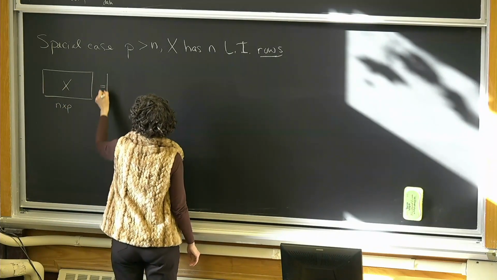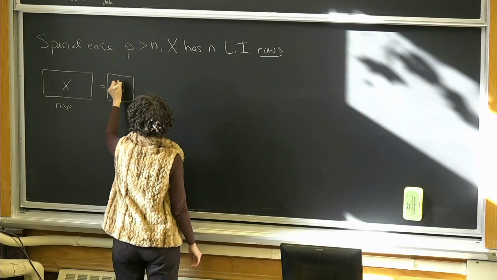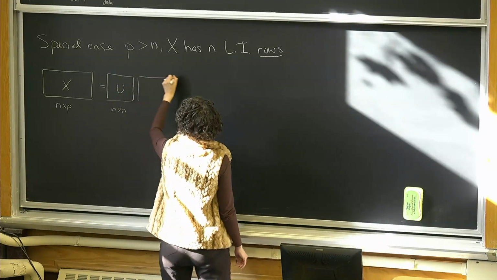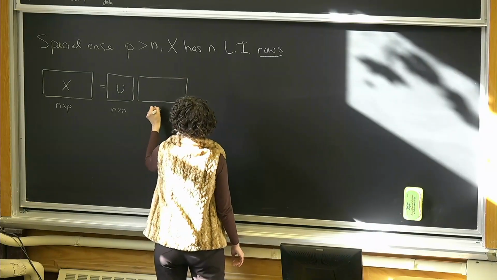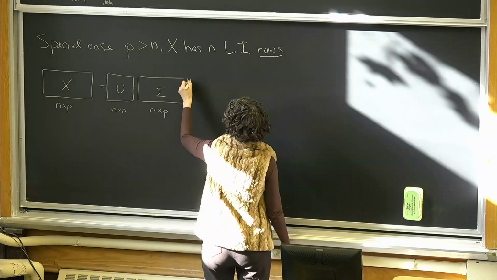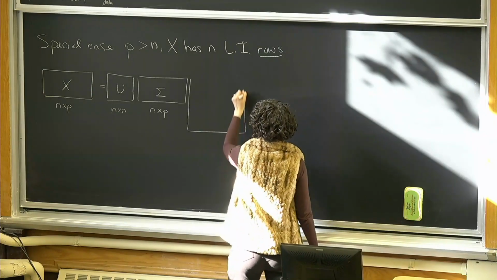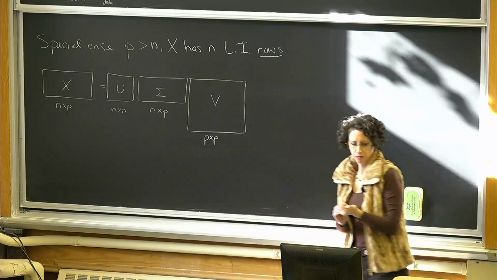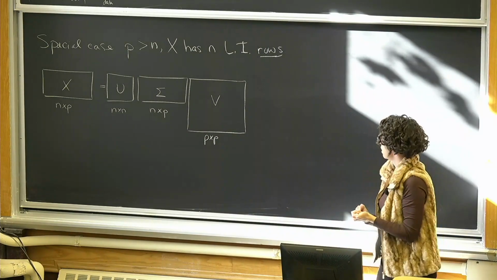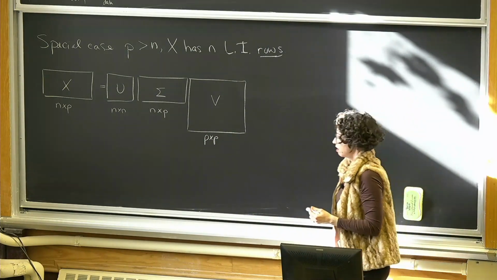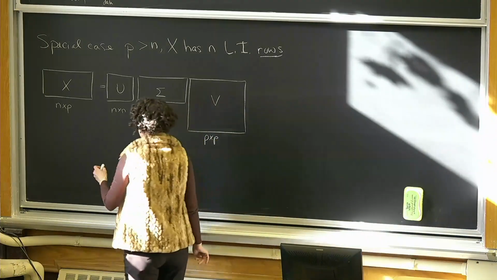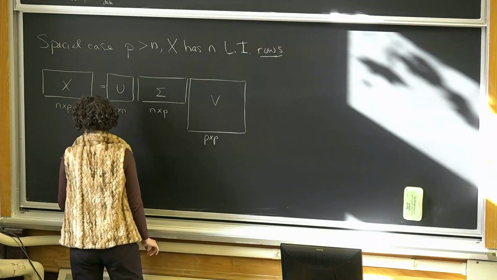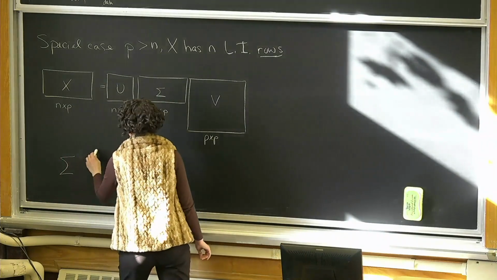And if we think about its singular value decomposition, U is N by N, and sigma is N by P, and V is going to be P by P. And so now, if we were to think about the pseudo-inverse of sigma, then first of all, let's think about what sigma looks like.